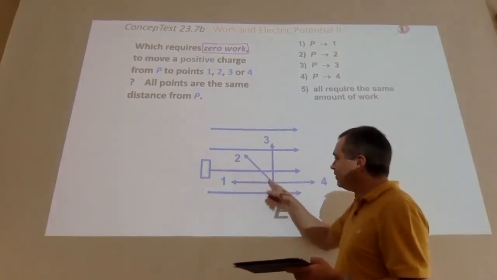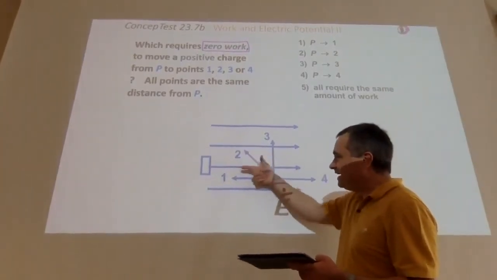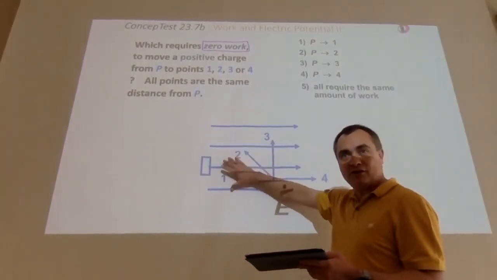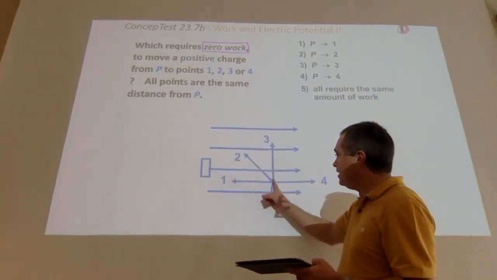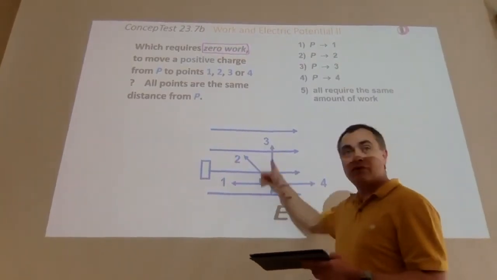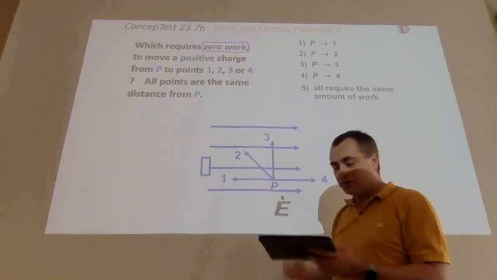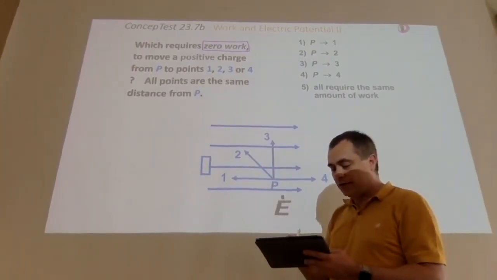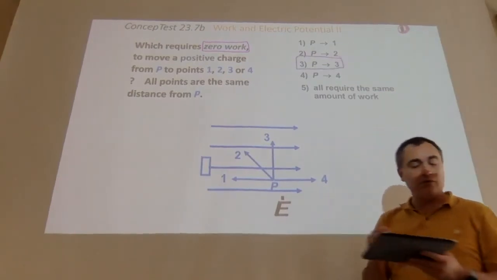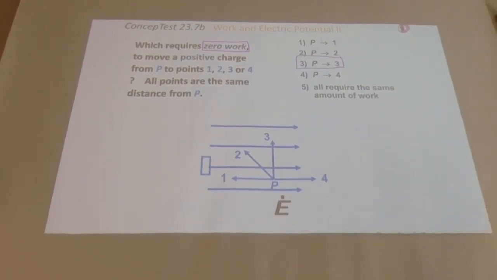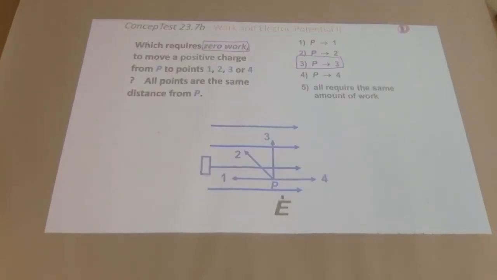Here, I'm kind of going against, but not fully against the force that's fighting against me. Here, I'm not working against the force at all. I'm going perpendicular to the force. So in that particular case, I'm not doing any work trying to move the charge from point P over to 3, okay? And that is the last of those, which means it's time for me to give you all a problem.